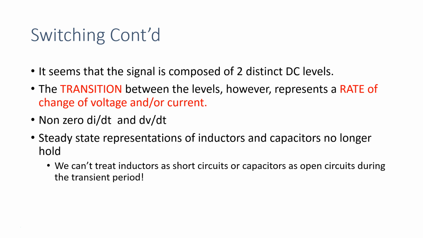We can't say that anymore because now we have a change in the voltage, so we can no longer use those representations to simplify our circuits. We actually have to put in the VI relationships, and we have to solve those equations as differential equations. We have to solve the circuits using the differential equations to get the response, to see what the behavior of the circuit is like in that transient period.